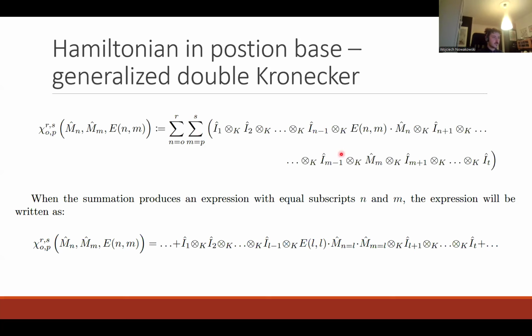So I mentioned before, this is the definition, but during the summation, we can find out that there can be some moments where Mn and Mn matrices will have the same index. So there might be a question what to do in that situation.